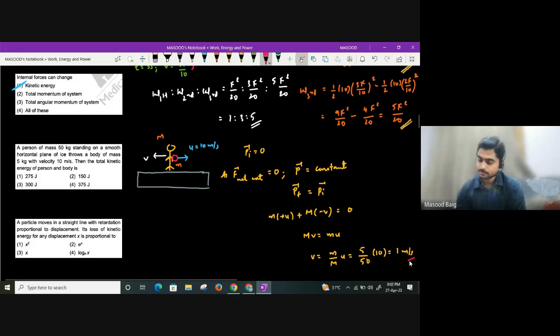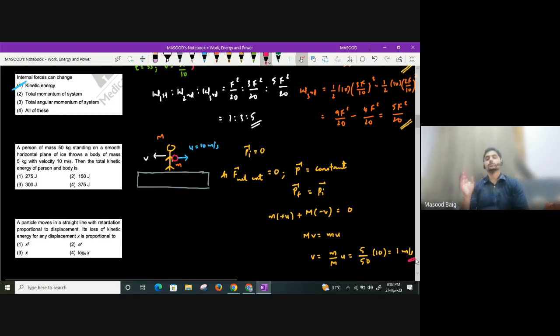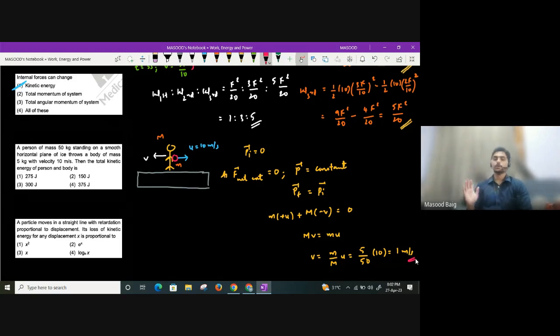Yes or no? So as soon as the person throws the object in the forward direction, he will get recoiled in the backward direction. They're asking the total kinetic energy of the person and the body. So what is the total kinetic energy? It will be the sum of the individual kinetic energies. So you can write half into M into 1 square plus half into small m into 10 square.